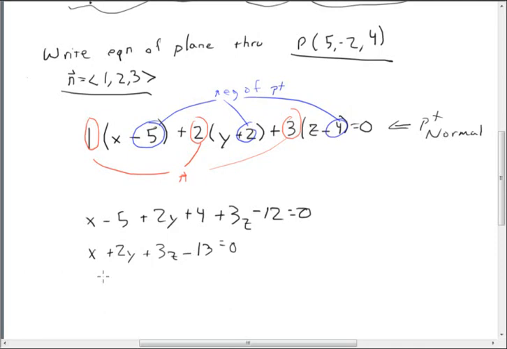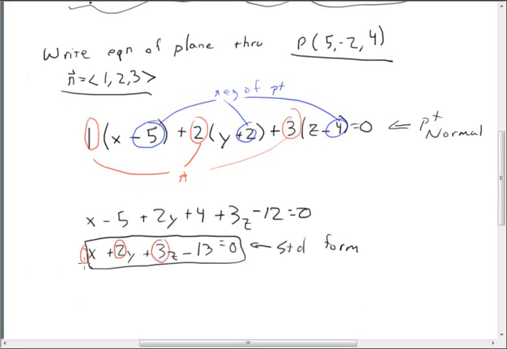After you've simplified it all out, this is called the standard form. From this you can only extract the normal vector: this coefficient, this coefficient, and this coefficient, which is really just a 1.